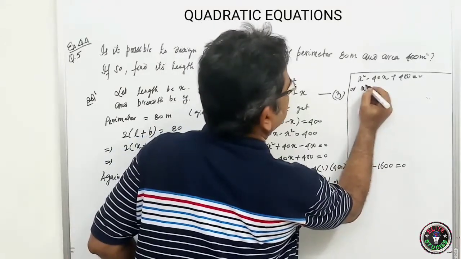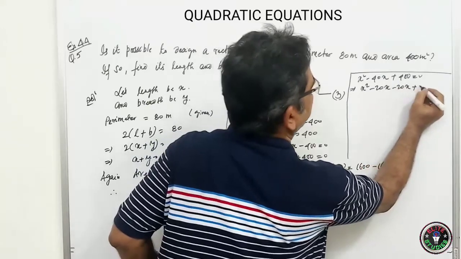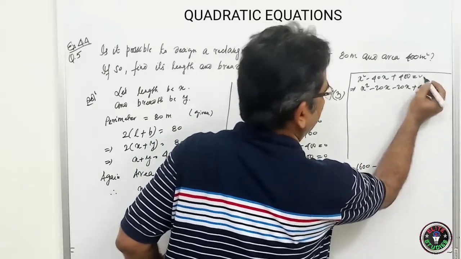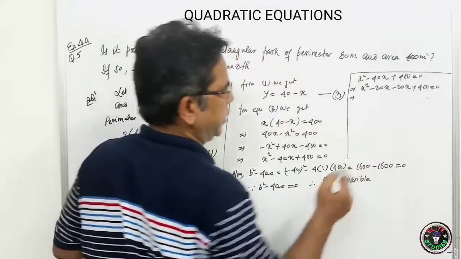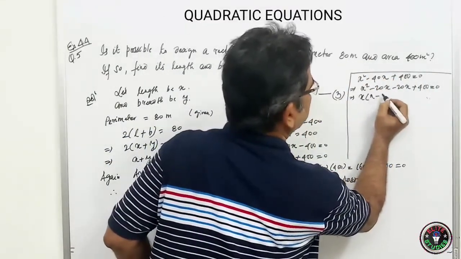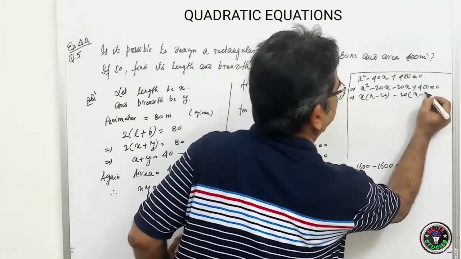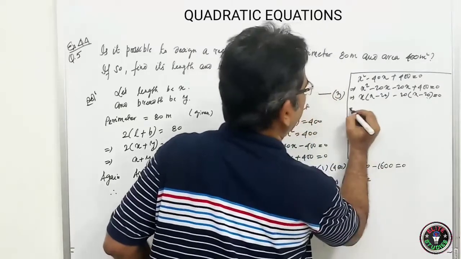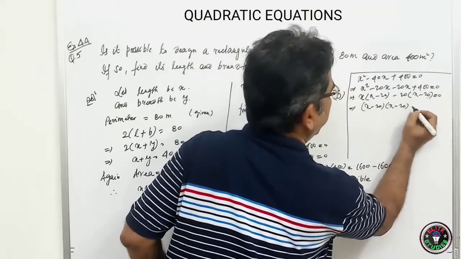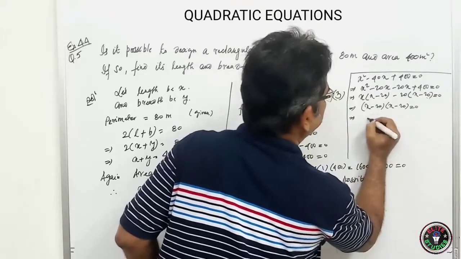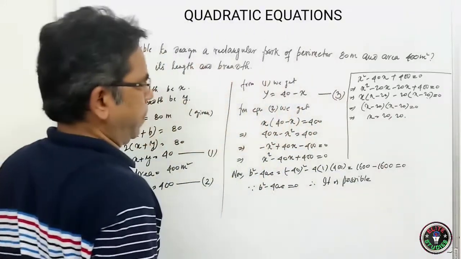So it will be x square minus 20x minus 20x plus 400 equal to 0. So how to factorize? You refer to my previous videos. So it will be x minus 20 into x minus 20 is equal to 0. So it implies x minus 20 is equal to 0. So it implies x is equal to 20.